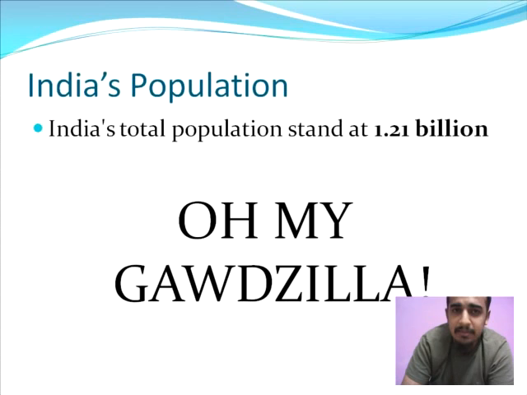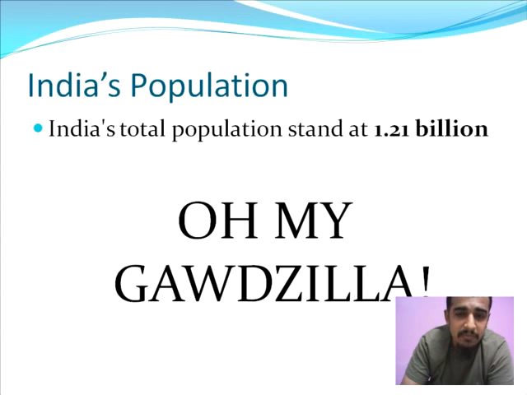If you look at America, the entire country's population is about 240 million people. 240 million people is barely about 20% of the overall population of this country. So you can see how big we really are.